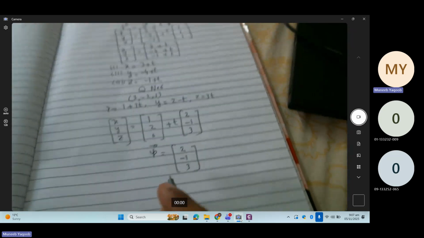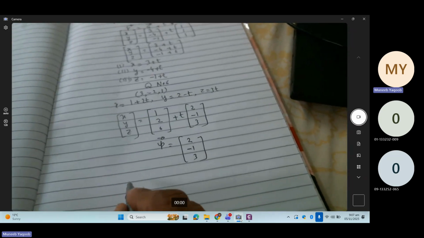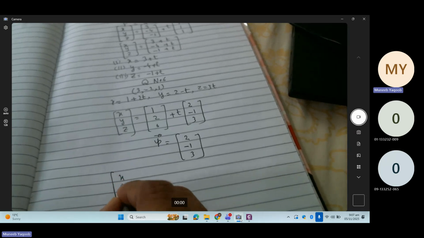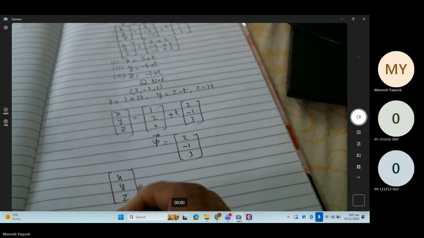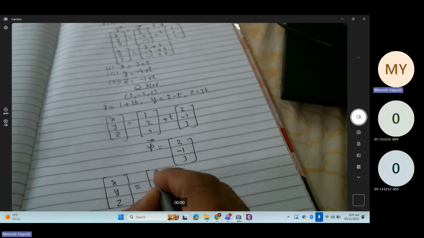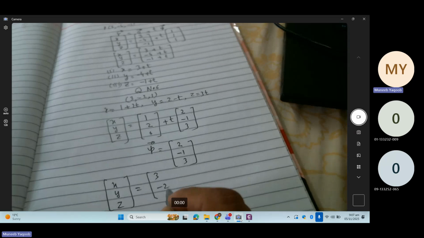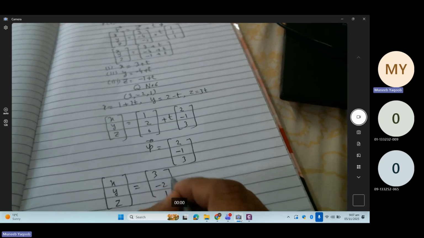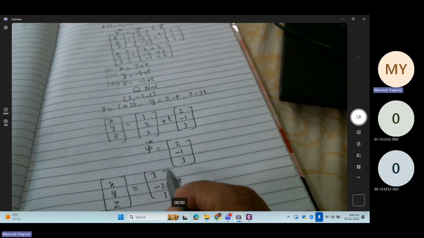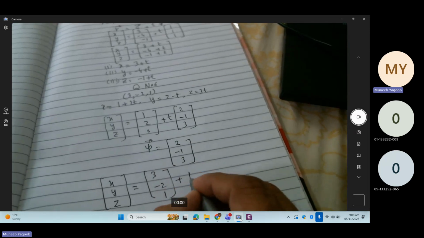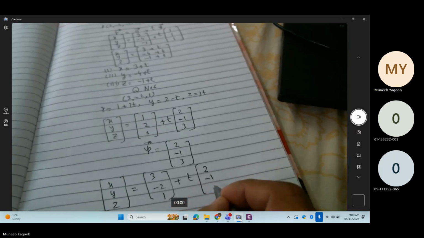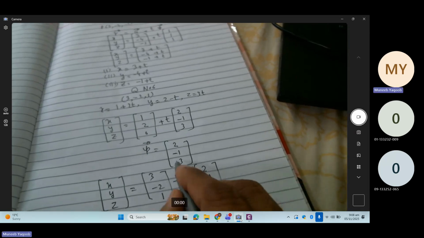Now we know that our line is passing through the point (3, -2, 1), and we know that our line is parallel to this given line, which has a direction vector (2, -1, 3). So quite easily now we can find the vector equation of our line. The vector equation of our line would be (x, y, z). In place of a, we will write our point, which is (3, -2, 1). And since our line is parallel to this line, their direction vectors must be equal. So in place of the direction vector p, we will write the direction vector of the given line.